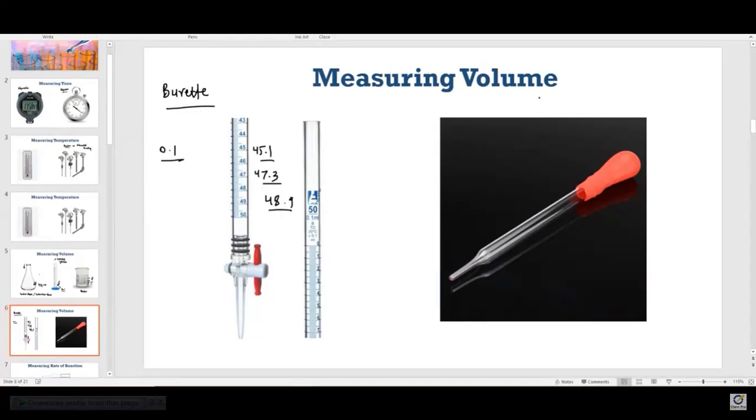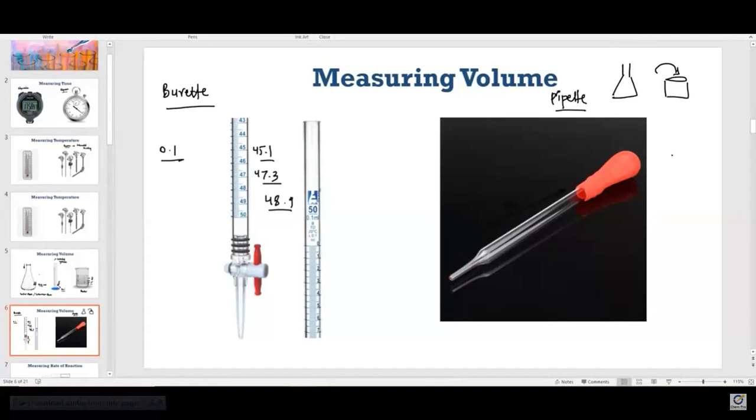And then there's something called a pipette. This is not exactly an apparatus to measure volume. It is mostly used to transfer a particular amount of volume from one piece of apparatus to another. For example, if you want to transfer some liquid from a conical flask to a beaker, let's say 10 centimeter cube, you will use a pipette whose capacity is 10 centimeter cube.